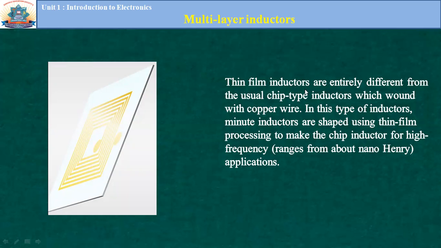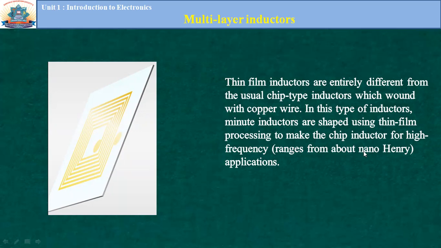These are the thin film inductors. The length and width of this coil are very minute, at micro level, so the size becomes miniature. These minute inductors are shaped using thin film processing technology to make chip inductors for high frequency.